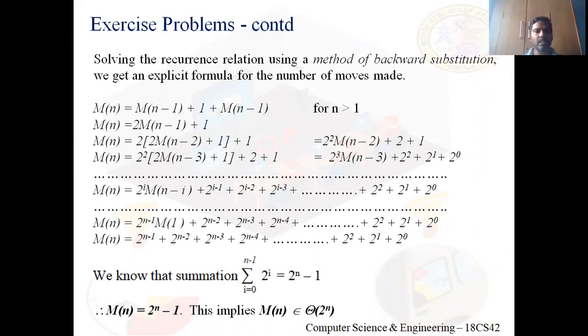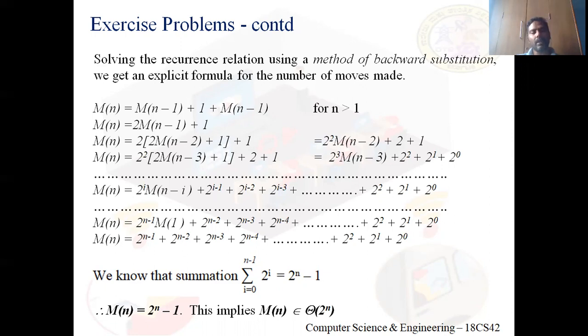The number of movements involved in moving n disks from source to destination using auxiliary is nothing but 2 to the power n minus 1. I repeat, the number of movements involved in moving n disks from source to destination peg using auxiliary peg is nothing but 2 to the power n minus 1. Got it? So now I have the basic operation count.